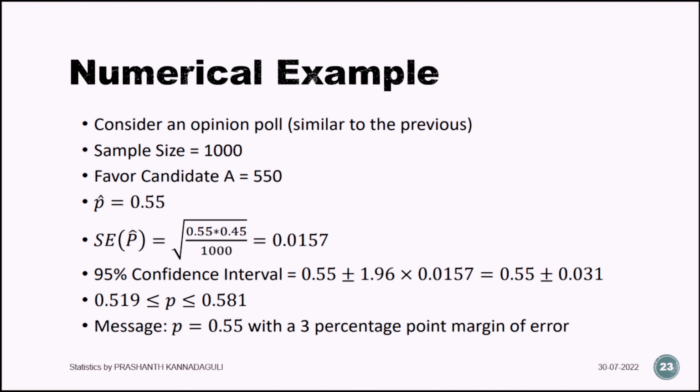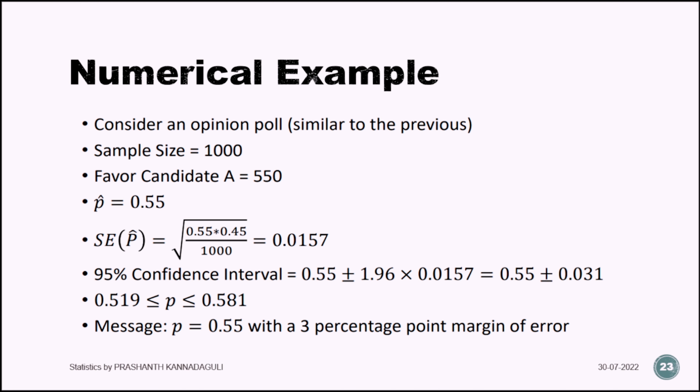The previous steps we are not going into now, because we have already updated the calculation through several equations in the previous slides. So we calculate the standard error of P cap: under root, P cap into 1 minus P cap divided by N. Under root, P cap 0.55, 1 minus P cap is 0.45, divided by 1000.